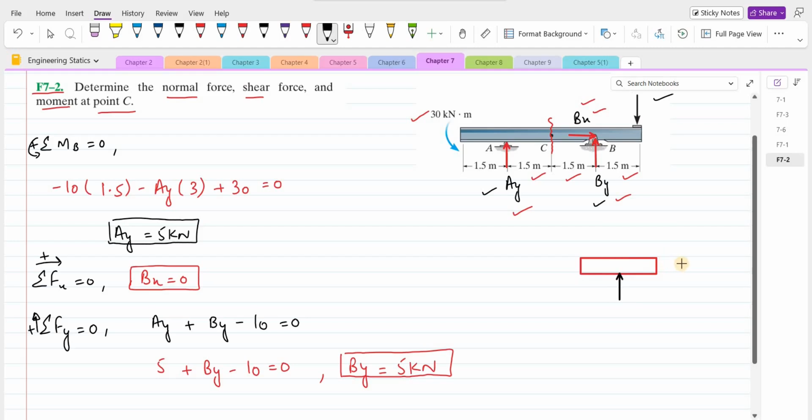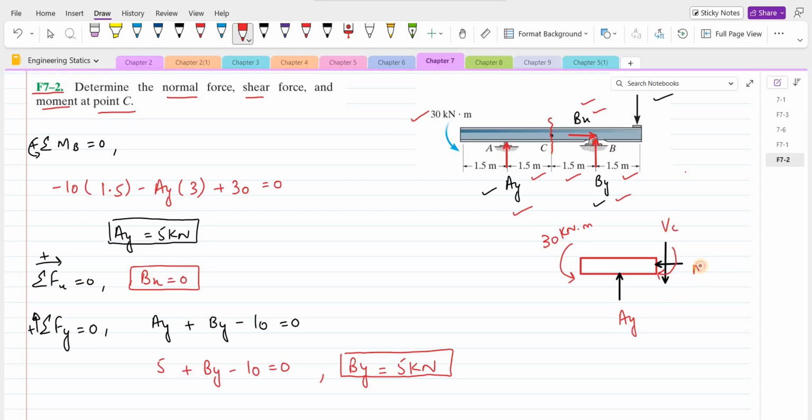At the point C, we have a normal force, shear force, and we also have an internal moment, which I am assuming as clockwise. This is the 30 kilonewton meter external moment. This is the support reaction Ay. This is the shear force Vc.